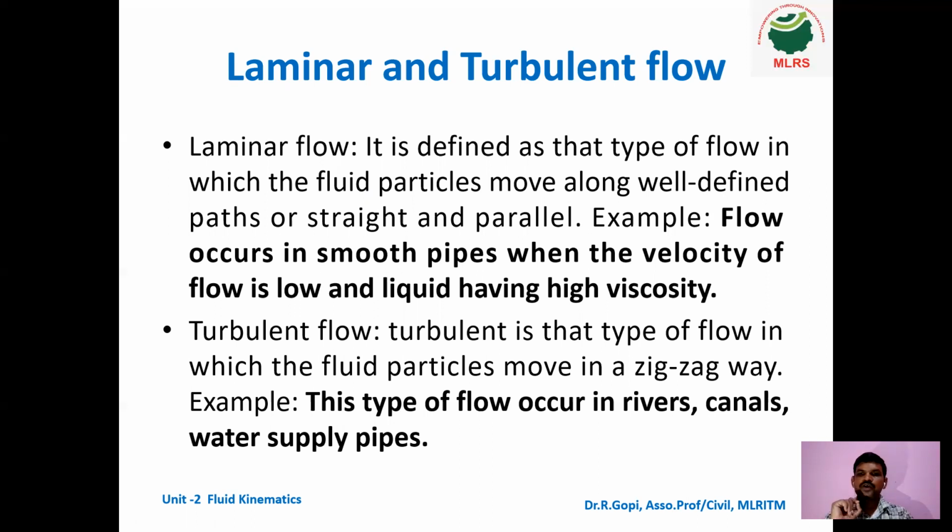So fluid particles are not moving in a straight line. They move in a zigzag way or randomly. For example, this type of flow occurs in rivers, canals, and water supply pipes. Whenever the velocity is more, this type of turbulent flow occurs.